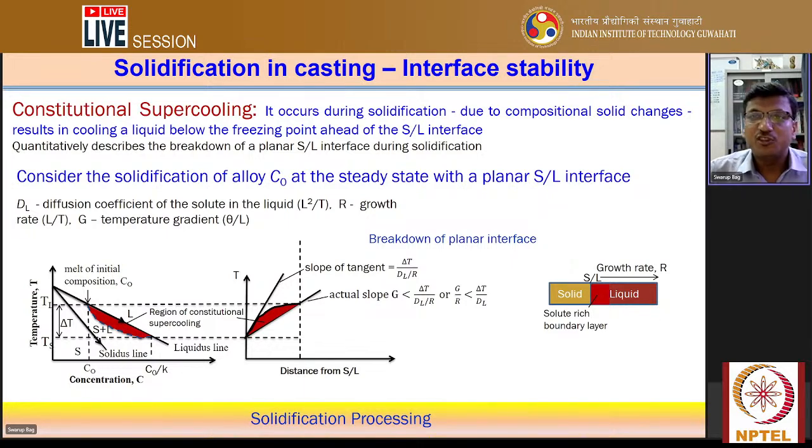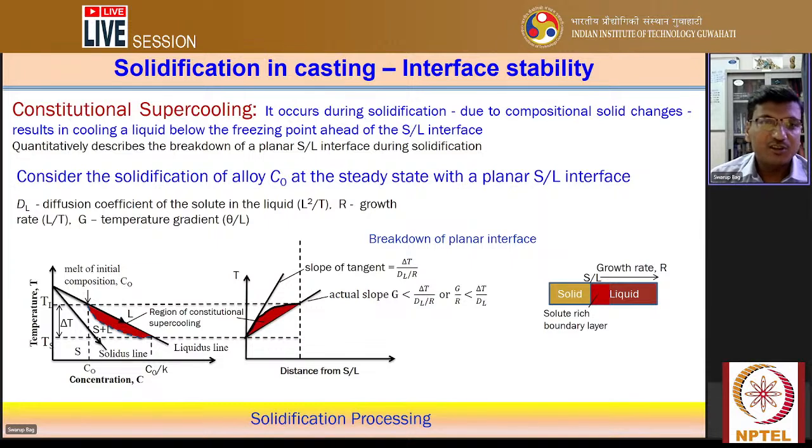This compositional change occurs ahead of the solidification front, during the cooling phase, in the form of constitutional supercooling. So the existence of this compositional gradient brings the constitutional supercooling. Therefore, it actually decides the breakdown of the planar solid-liquid interface during the solidification process.